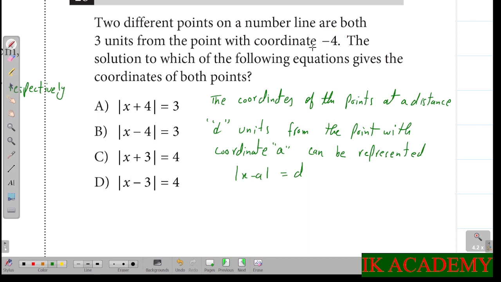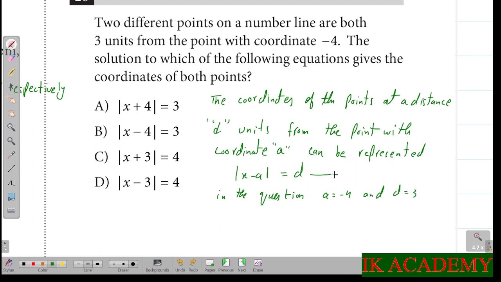So here minus 4 is representing a and 3 units is representing the distance between the 2 points. So I can say here in the question, a is equal to minus 4 and b is equal to 3 units.